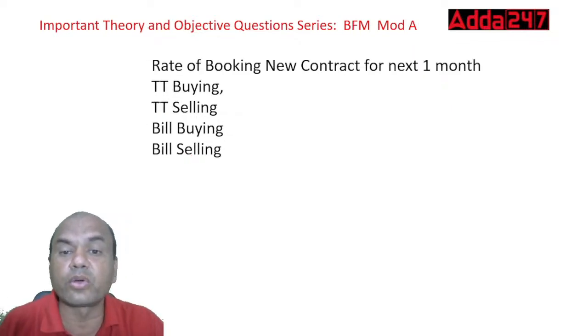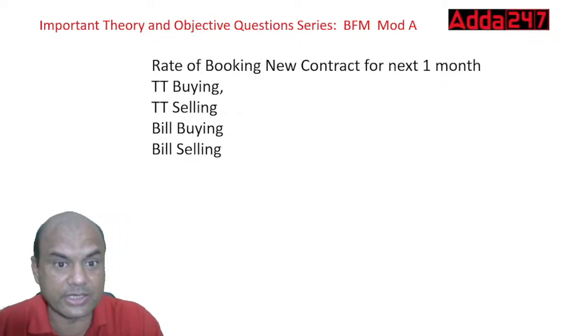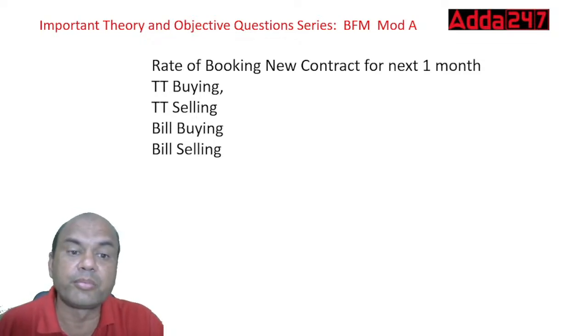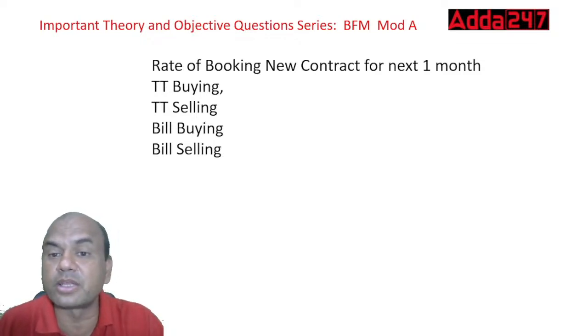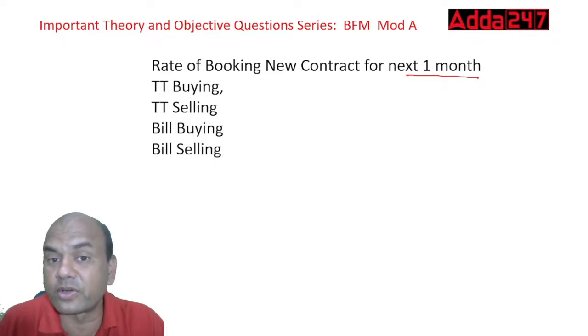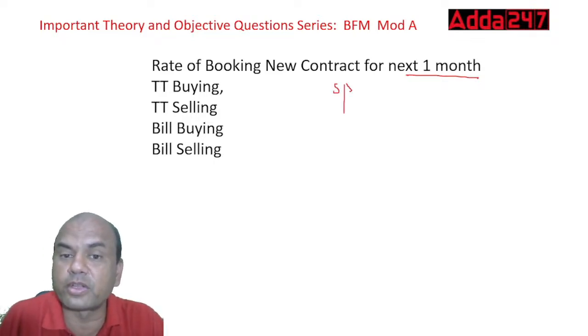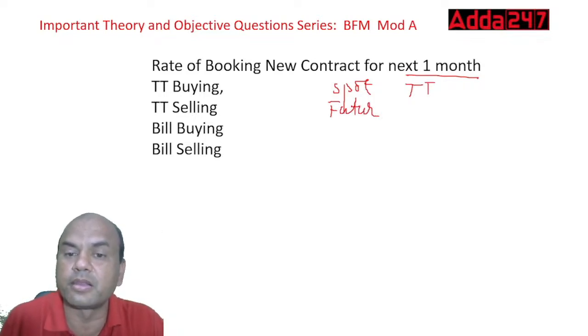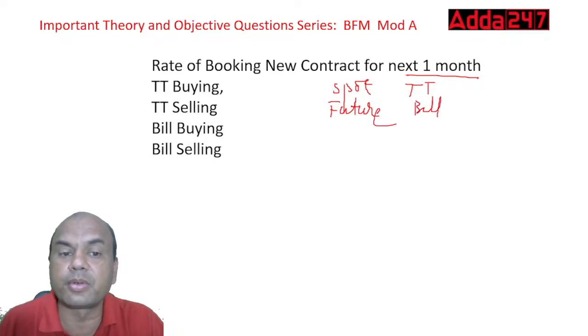Rate of booking a new contract for the next 1 month: TT buying, TT selling, bill buying, bill selling. Here, next 1 month I want. Just now I told you, spot transaction will always be done at TT, whereas future transaction will always be done at bill. So it will be done at a bill rate.